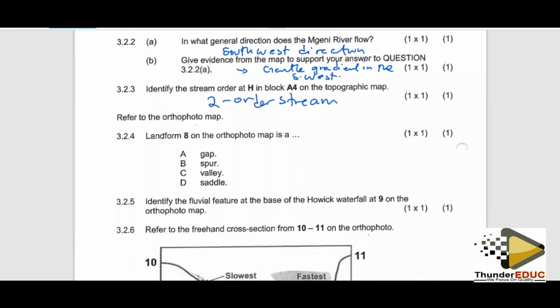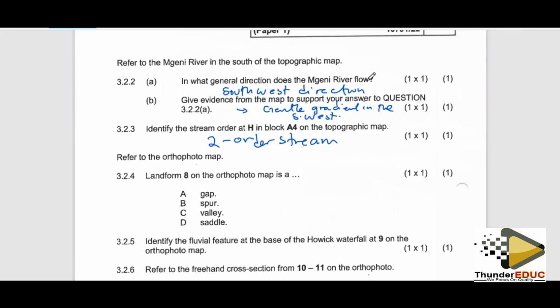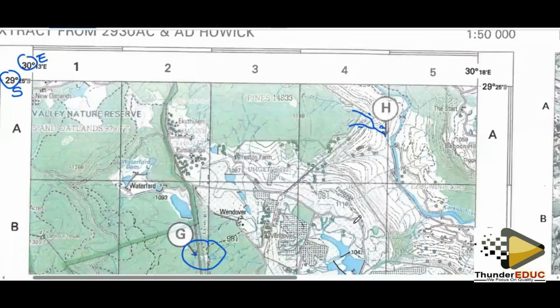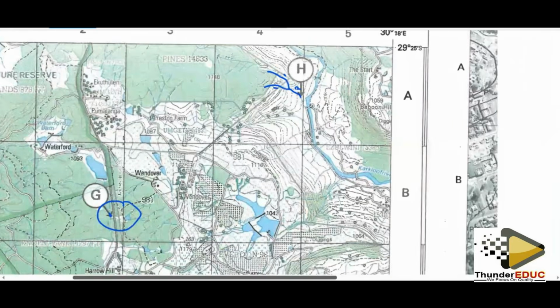3.2.4, landform 8 on the orthophoto map. Let's go to the orthophoto map.